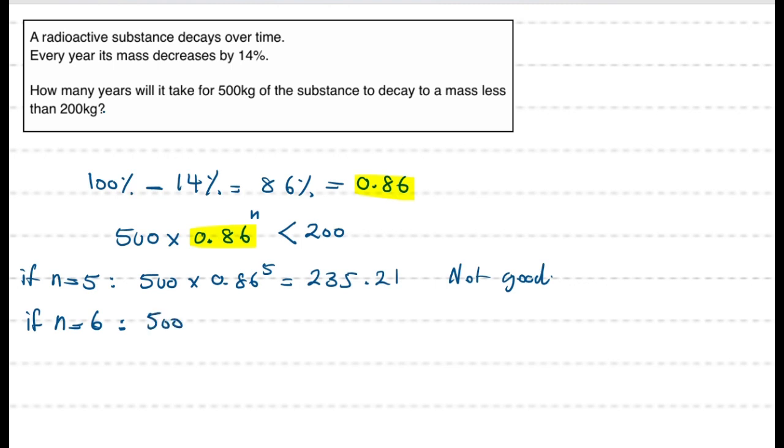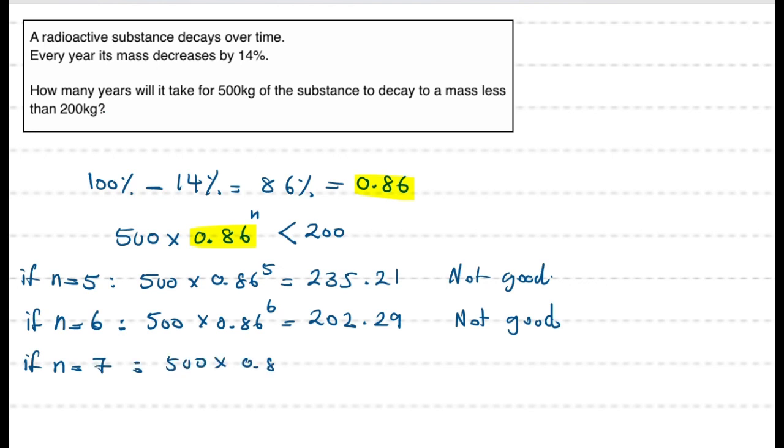So 500 times 0.86 raised to the power 6 gives me 202.29, still not good. So I would choose n equals 7, and again I write 500 times 0.86 to the power of 7, and that gives me 173.96, and I immediately notice that this is less than 200, so this is good.